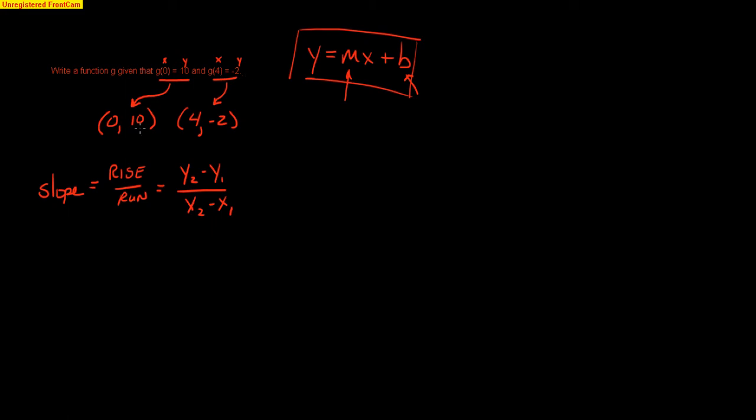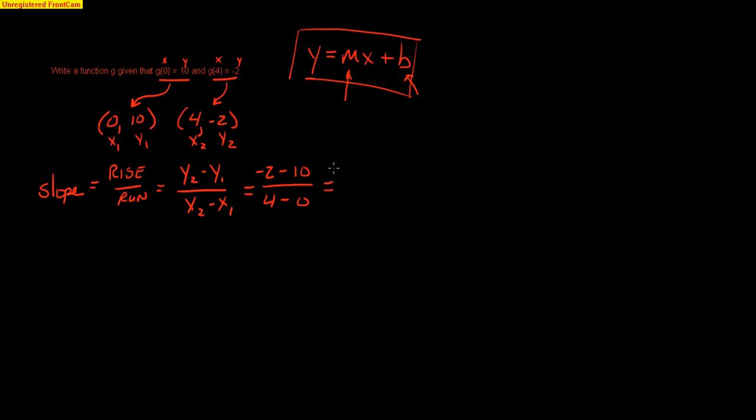Okay, so I'm going to label my points and I'm just going to plug them in. So I'm going to call this x sub 1, y sub 1. This is going to be x sub 2 and y sub 2. So I just plug them in. -2 minus 10 over 4 minus 0, this one right here.